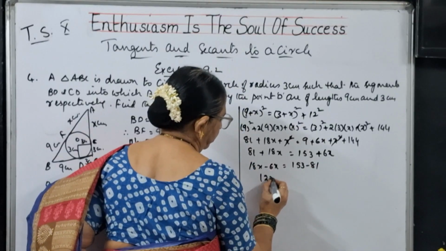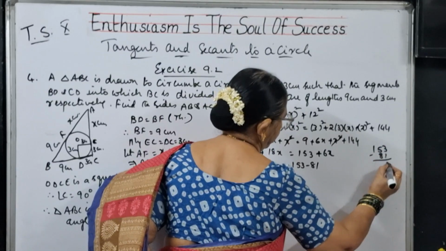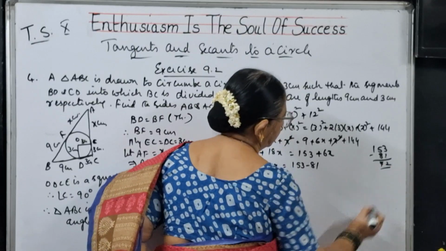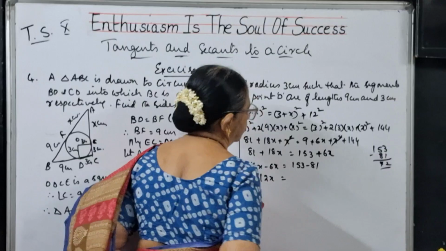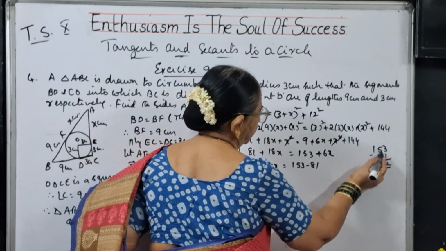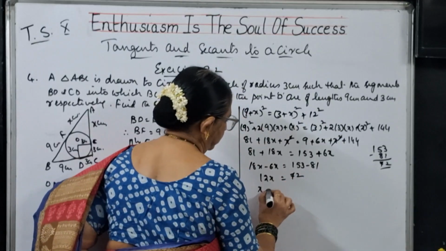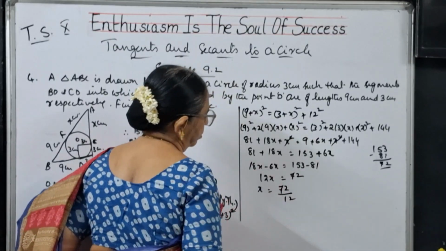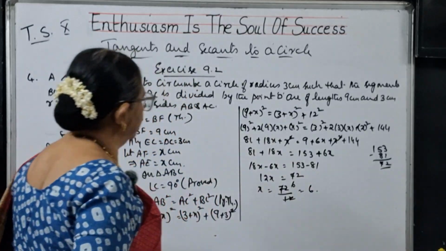This is 12x is equal to 153 minus 81, so I am getting 72. x is equal to 72 by 12. 12 6s are 72, no? So x is 6.